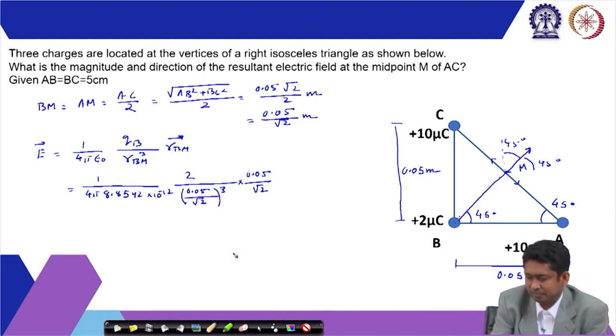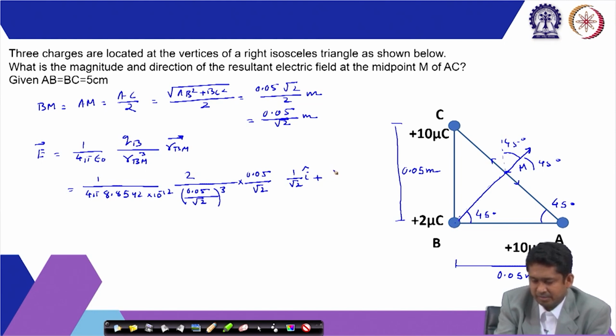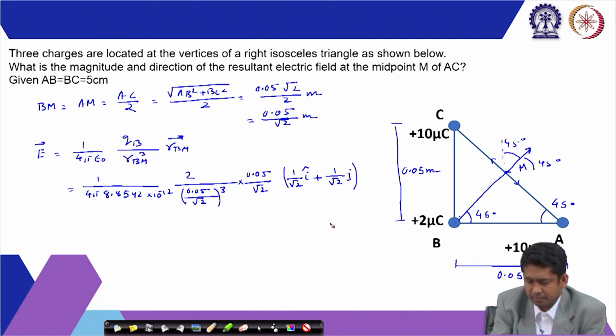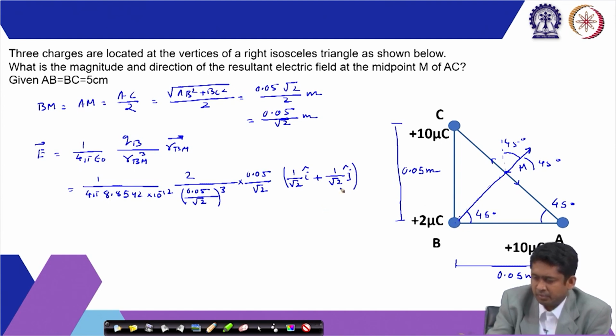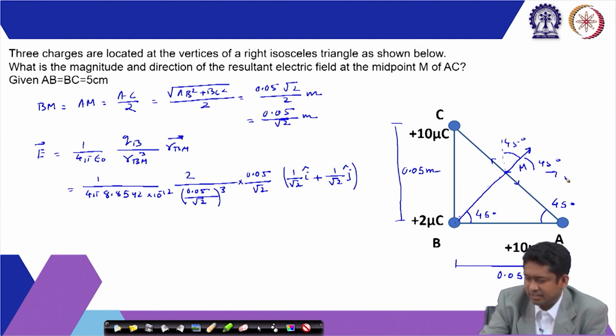So, the unit vectors are 1 by root 2 i plus 1 by root 2 j, where i is our unit vector along this direction and j is our unit vector along this direction.